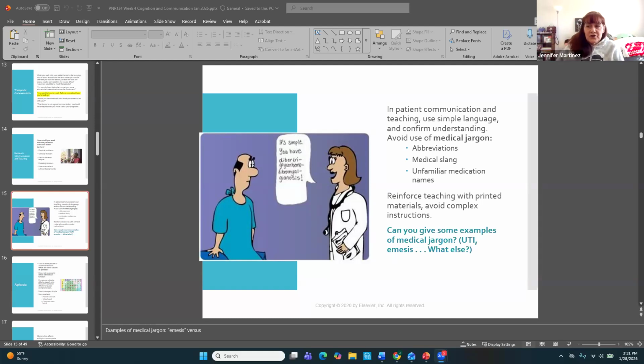And it's a lot of medical jargon that's usually printed out from what we call the PDR, which is the physician's desk reference, which is a whole lot of information. And it's a lot harder to understand. So we want to avoid doing that.